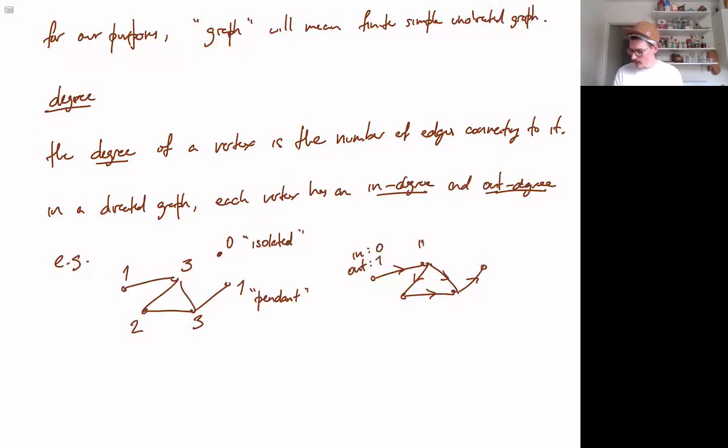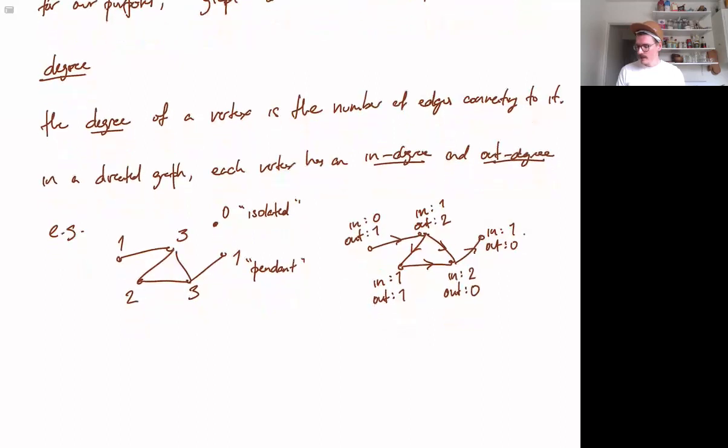And here, the in degree is 1, since this edge is leading in, and no others. These two edges are both leading out, so the out degree is 2. This has in degree 1 and out degree 1. This guy has in degree 2 and out degree 0. And this guy has in degree 1, and of course, out degree 0.